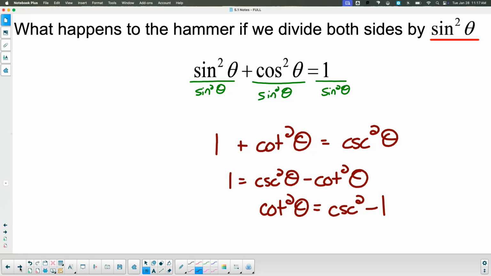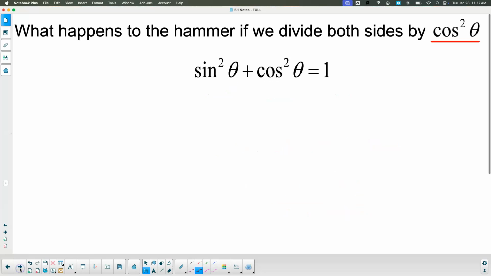Okay. Let's go back to the hammer. And now this time, let's divide by cosine squared. My math good so far?